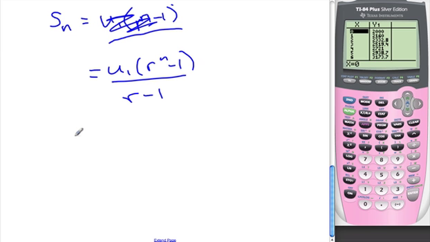So what can we put in? We know we're working out the sum of the first 20 terms. So we've got the first term, which was 2,000. The rate was 8%.